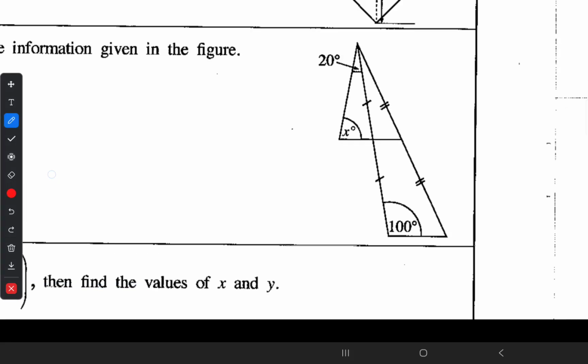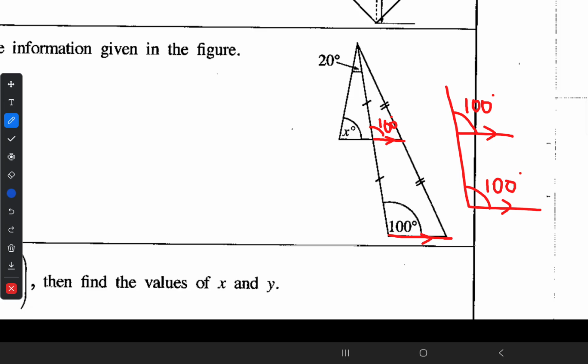The midpoint theorem says when you connect midpoints of two sides of a triangle, that line is parallel to the third side. These are parallel. So if these are parallel and this is 100 degrees, its corresponding angle also would be 100.